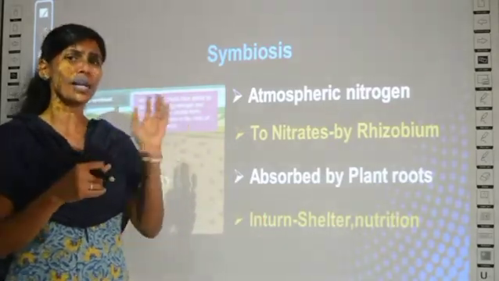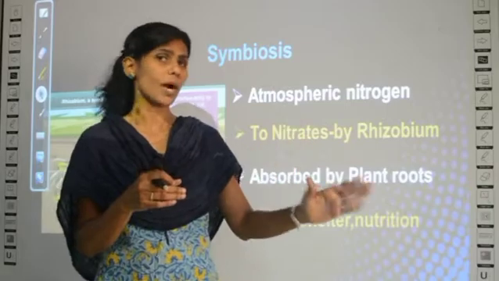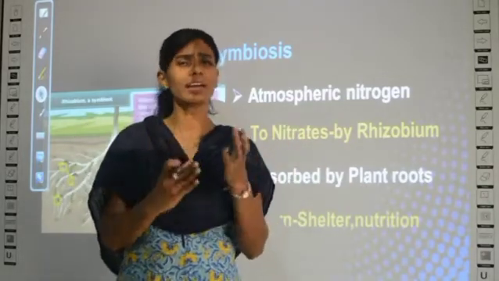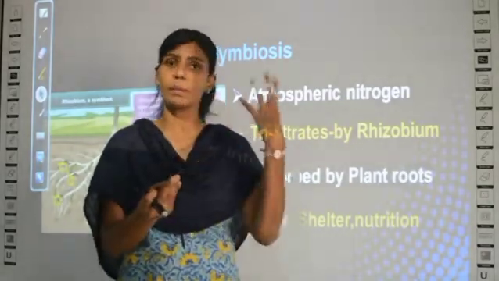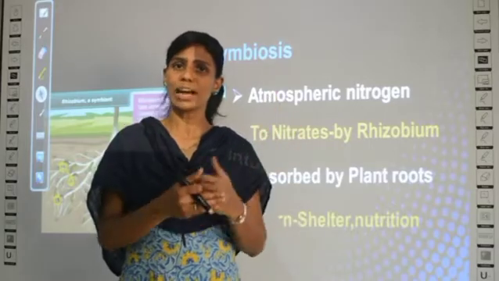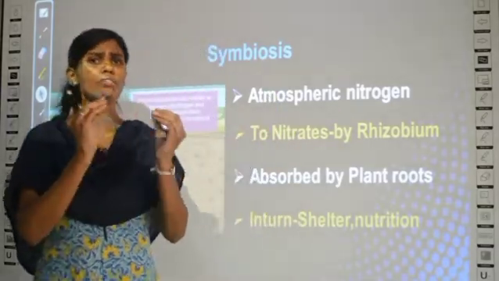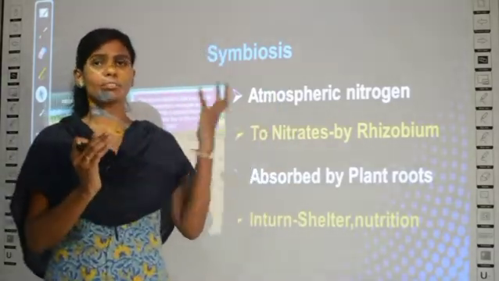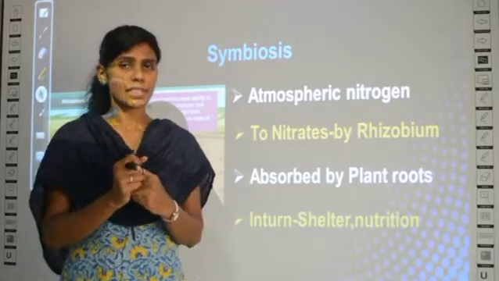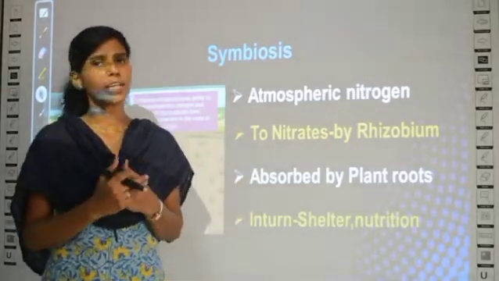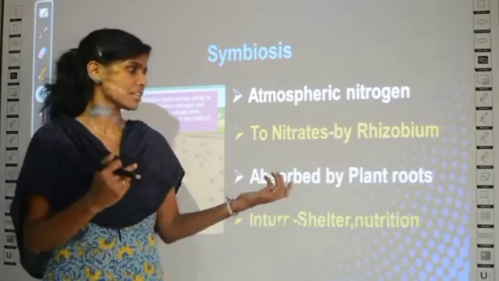It is not that it will destroy the plant. Why? Because bacteria are so small, they require only fewer nutrients compared to the plants, and plants have many nutrients. So only a small proportion of the nutrients the bacteria will take, but for the bacteria it is more than sufficient. In that way the bacteria is benefited.